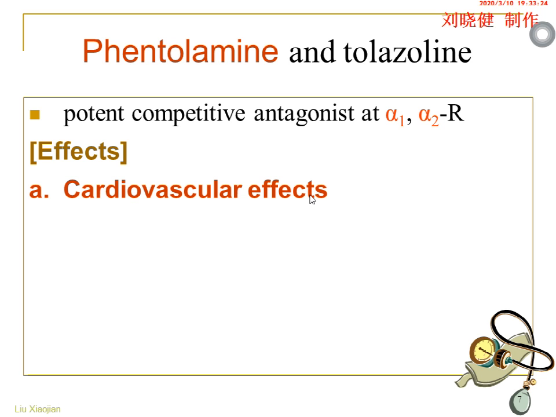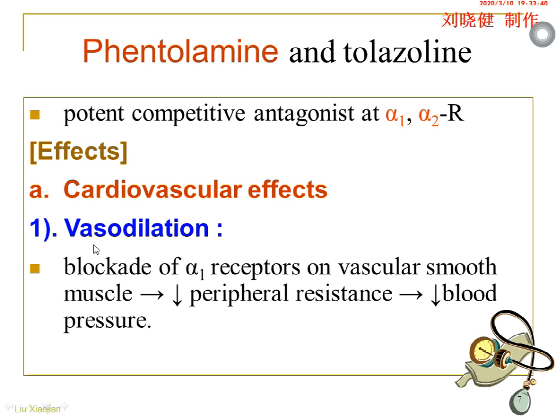The effect on the alpha receptor is mainly on the cardiovascular system. So the first effect is cardiovascular effects. Because of blockade of alpha-1 receptor in the blood vessels, it can induce vasodilation, so decreased peripheral resistance.